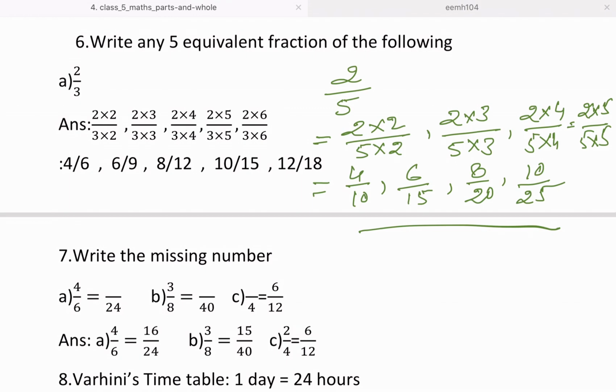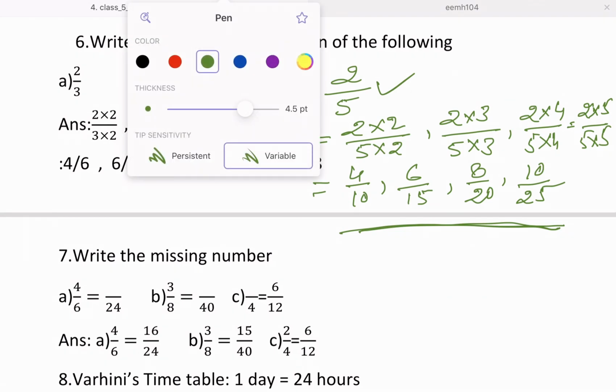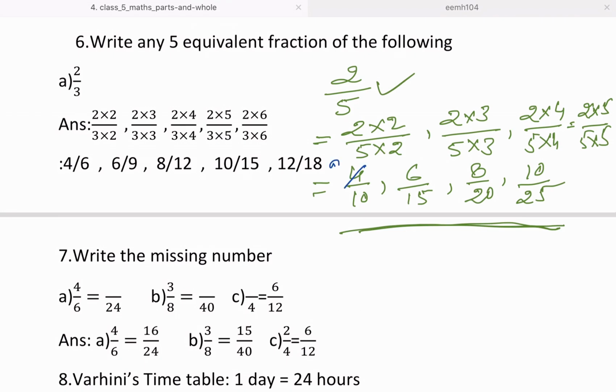If you simplify these fractions, you will get 2 by 5. Look here. 2 twos are 4, 2 fives are 10, it will give 2 by 5. 3 twos are 6, 3 fives are 15, it will also give 2 by 5. 4 twos are 8, 4 fives are 20, it will also give 2 by 5.